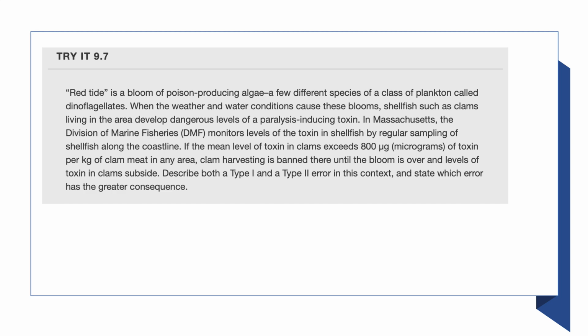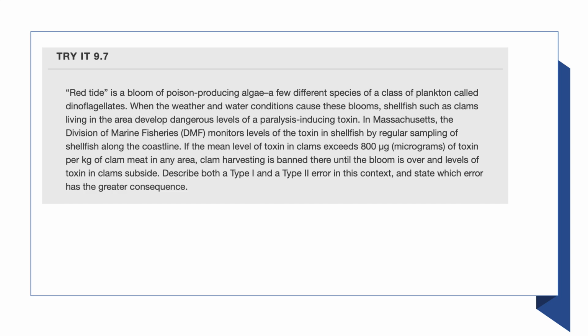of a paralysis-inducing toxin. In Massachusetts, the Division of Marine Fisheries monitors the levels of the toxin in shellfish by regularly sampling the shellfish along the coastline. If the mean level of toxin in clams exceeds 800 micrograms of toxin per kilogram of clam meat in any area, they shut down the clam harvesting.